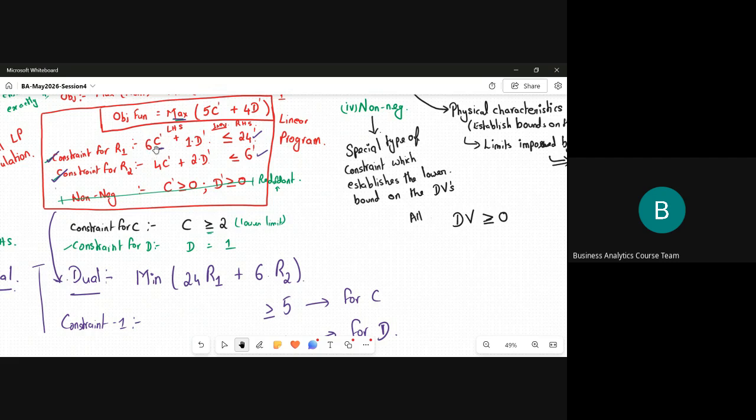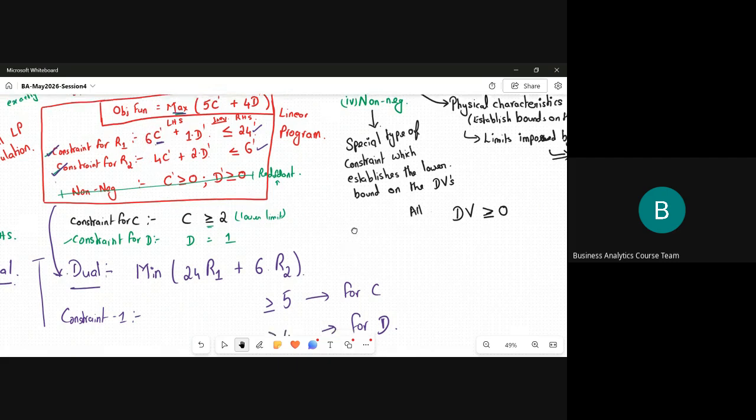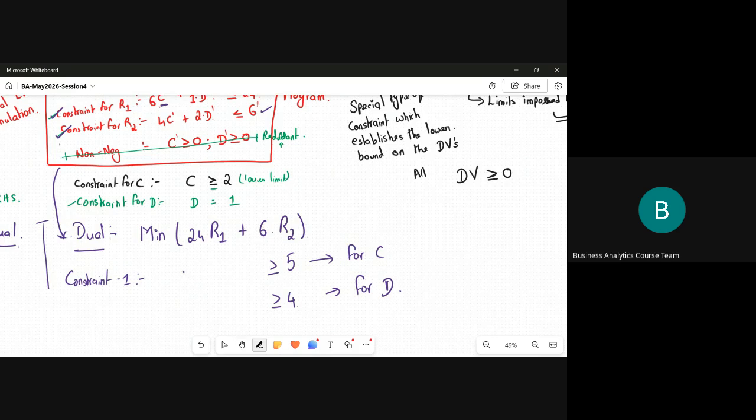To make a C, I need 6 units of R1 and 4 units of R2. So 6 R1 plus 4 R2 must be greater than or equal to 5. Then 1 R1 plus 2 R2 must be greater than or equal to 4.